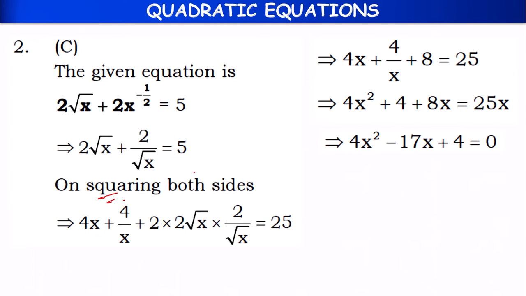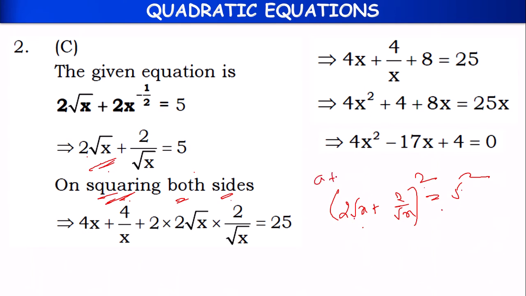So on squaring both sides, because we have to remove the root, we have to square it. We will get (2 root x plus 2 by root x) whole square equal to 5 square, without changing the value, squaring on both sides.